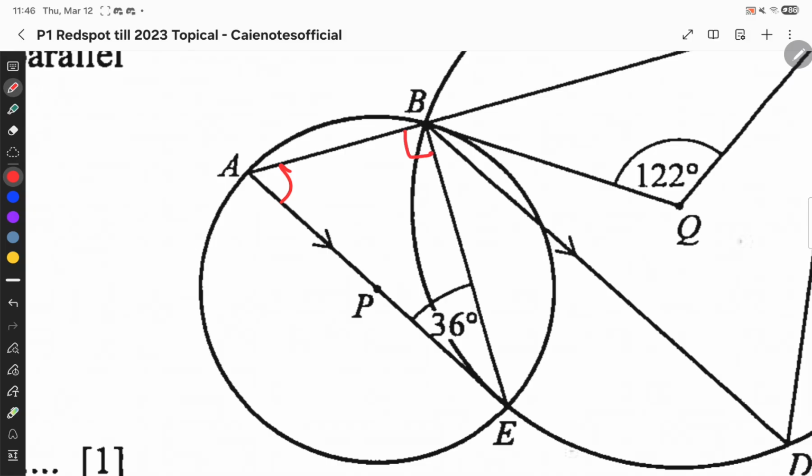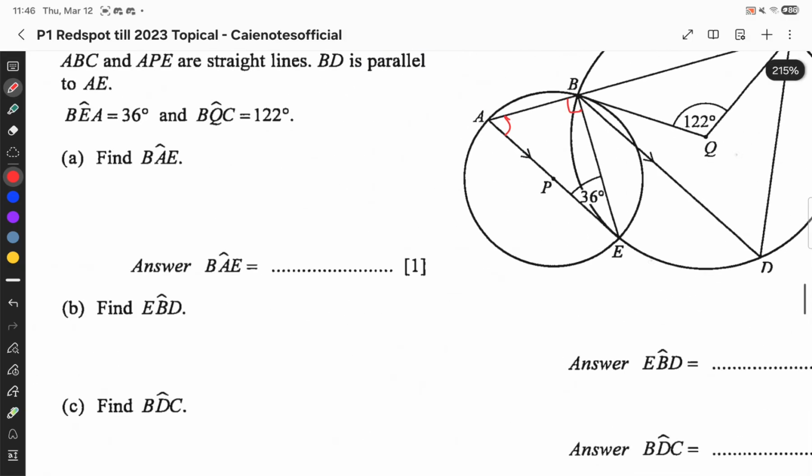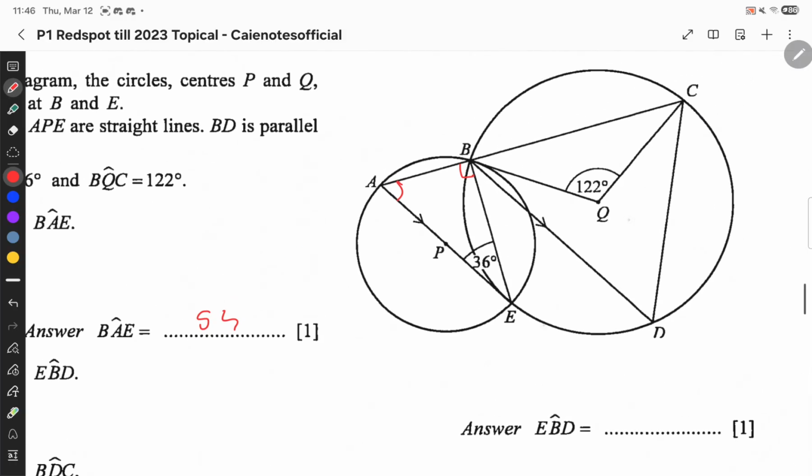Why? Not because we labeled it, but because it is a 90. This AE is a diameter. They haven't given it to us, but sometimes we have to do our own hard work and identify them. So this is 90 minus 36, which is equal to 54, and that is our first answer.